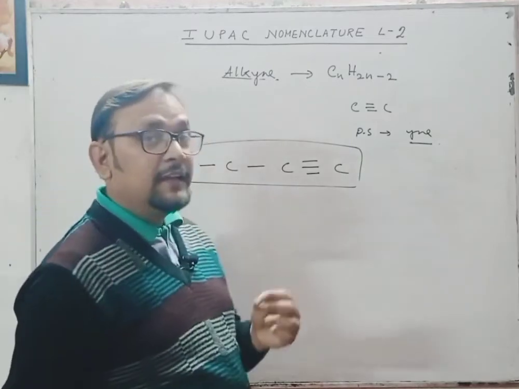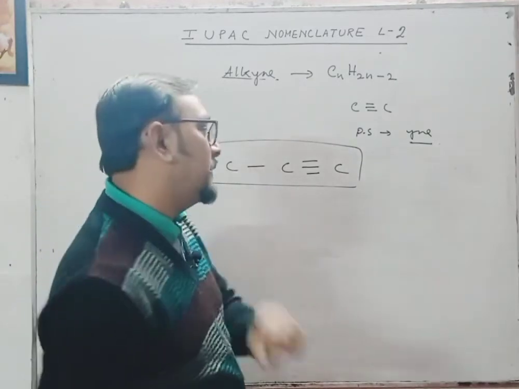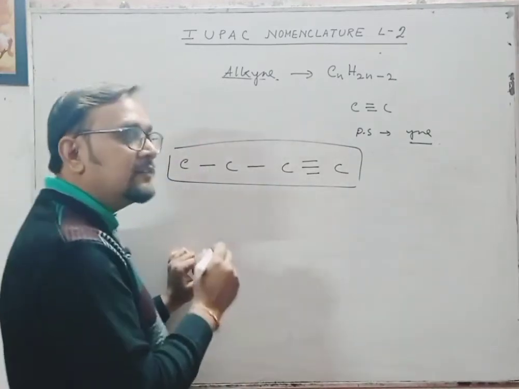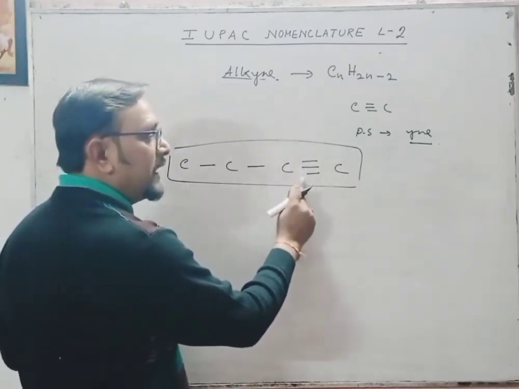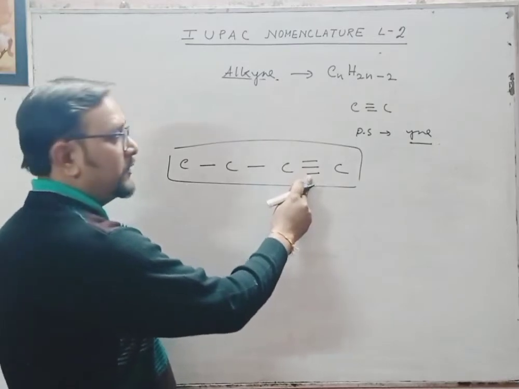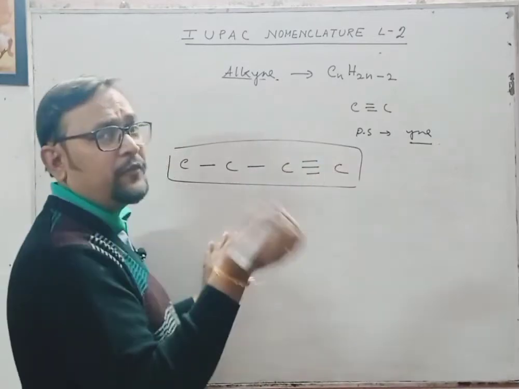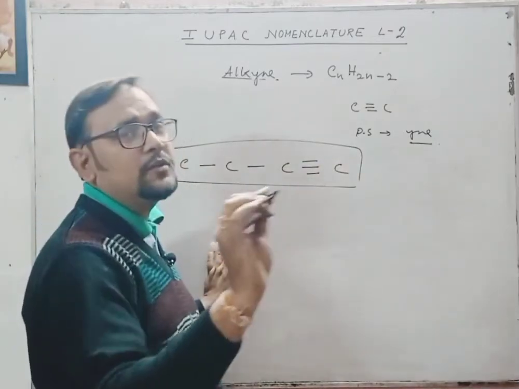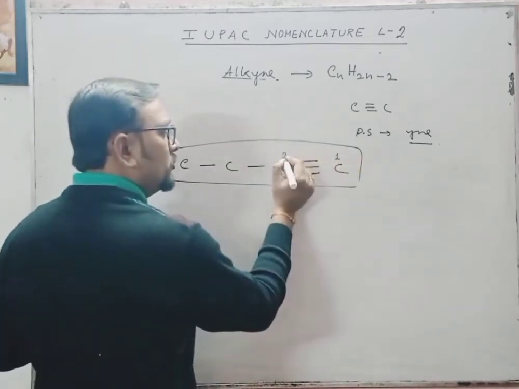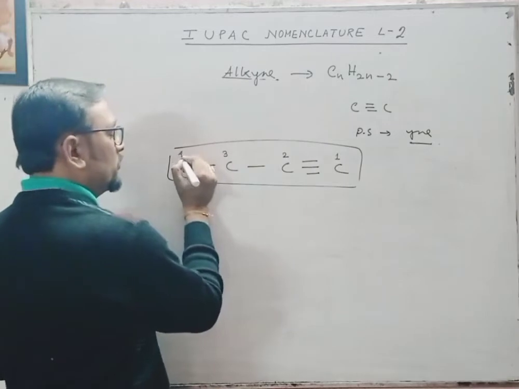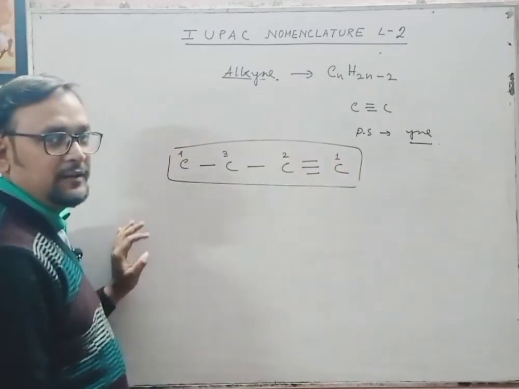The second thing is that you need to do the numbering. So from which side shall I start the numbering? From the side which is having the minimum locant for the triple bond. The same rule which we followed for the double bond, we follow for the triple bond also. So 1, 2, 3, 4, so already the locants I have mentioned.